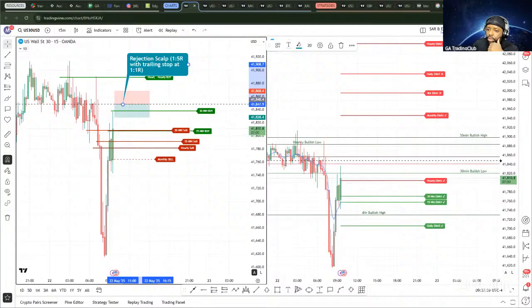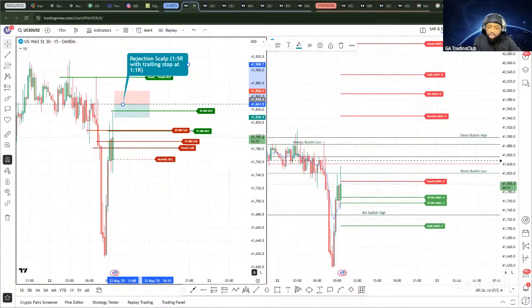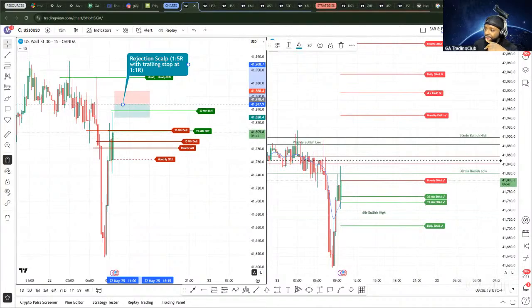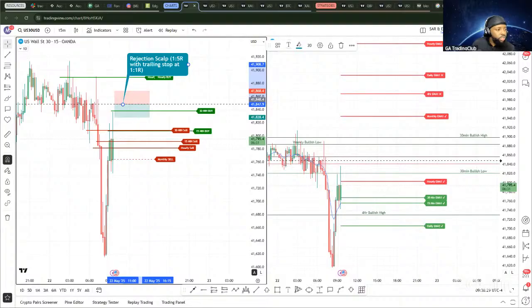Symbol mapping: US 30, map to US 30. Okay, I think I'm all set. I had to add some accounts to my trade copier. Yeah, should be all set.